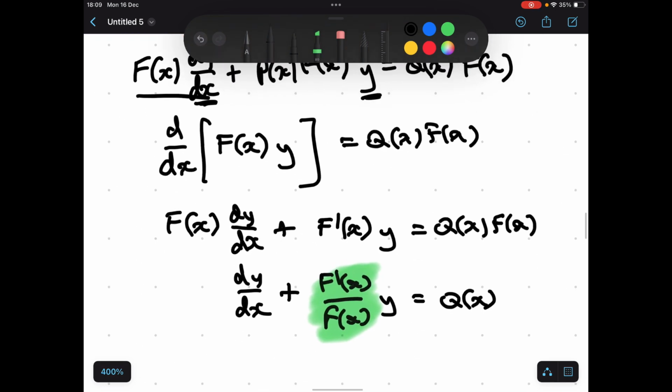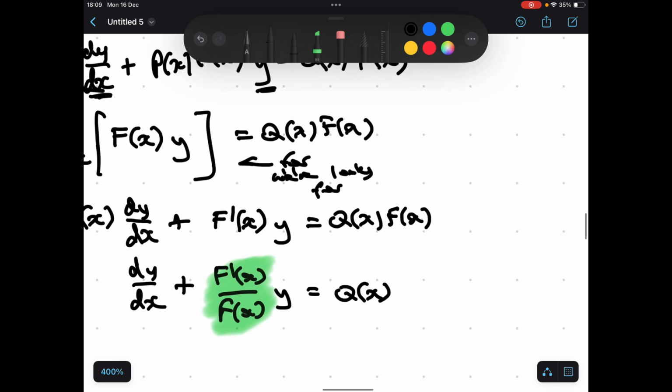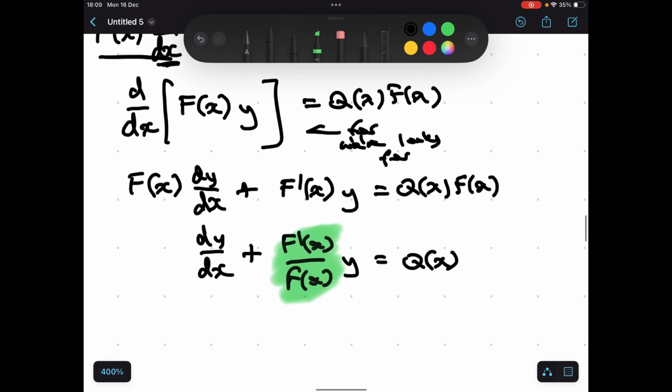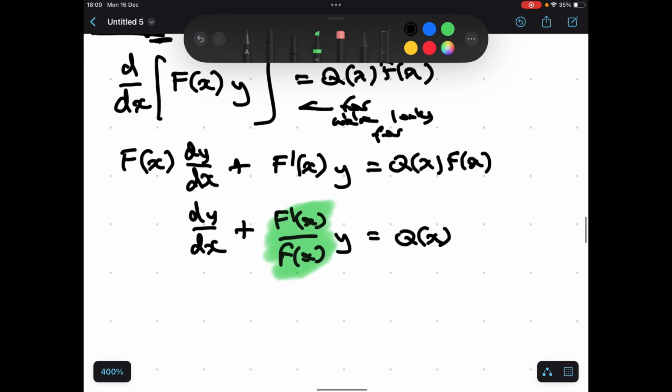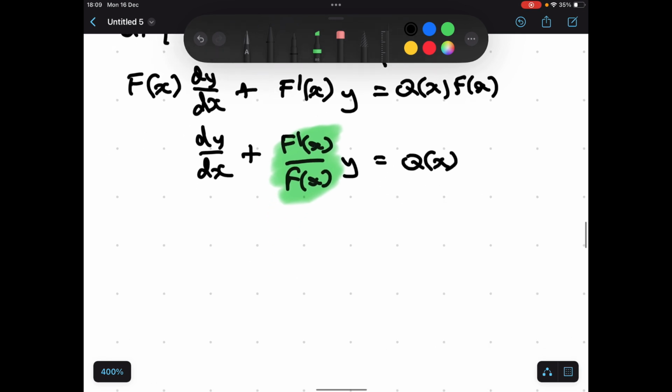This is the form we're looking for. Right, because then we can simply just integrate and find y. Okay, lovely. So we find that p of x is equal to f prime of x over f of x.